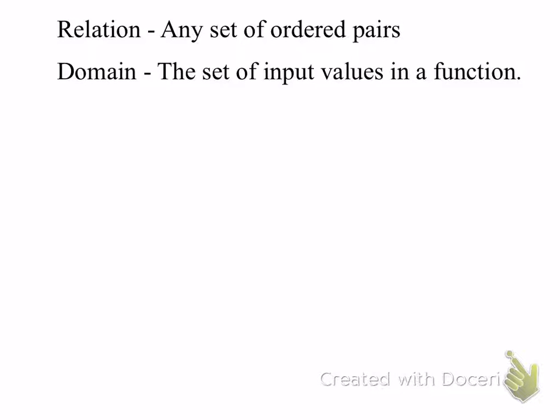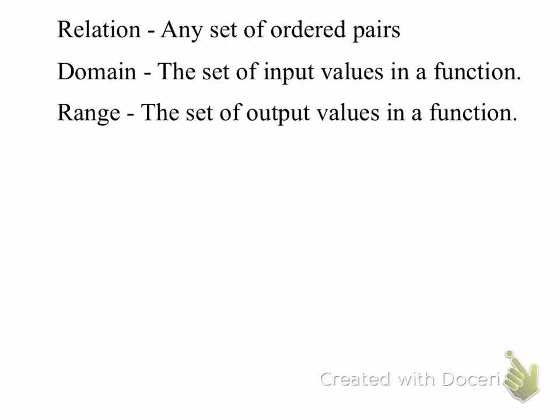Domain, we said it is our set of input values, which is also what? Those are our X values. And our range, what do you think that is? Our Y values or our output values?